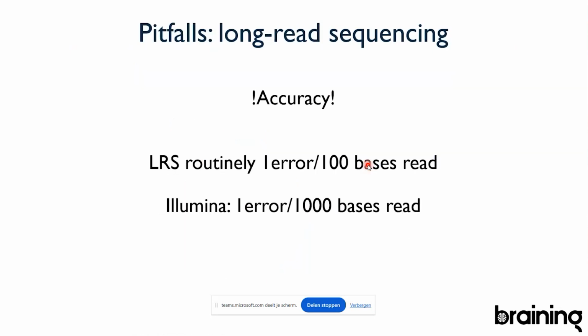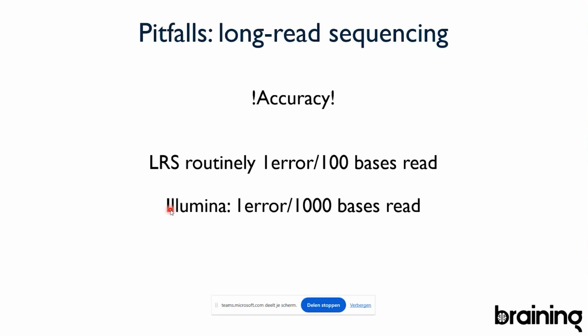Okay, good. So does long read sequencing not have any pitfalls? Well, of course, long read sequencing has pitfalls, and that is the accuracy. Right, especially with the first iterations of long read sequencing, there was a problem with accuracy.